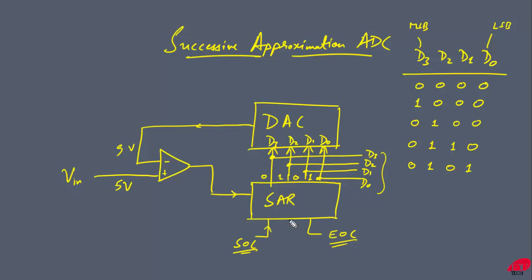Start of conversion we have to provide, and end of conversion is triggered by the ADC. If the value of the comparator matches, then the end of conversion bit is triggered and the output is obtained at the 4-bit output of the successive approximation register. So in this way the successive approximation ADC works.